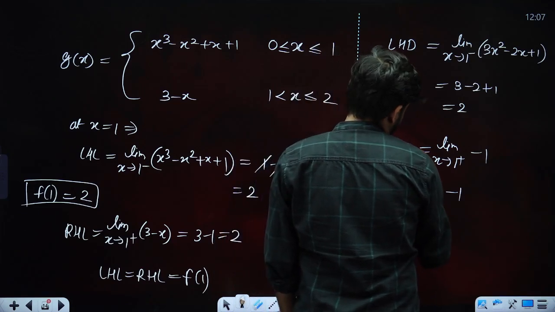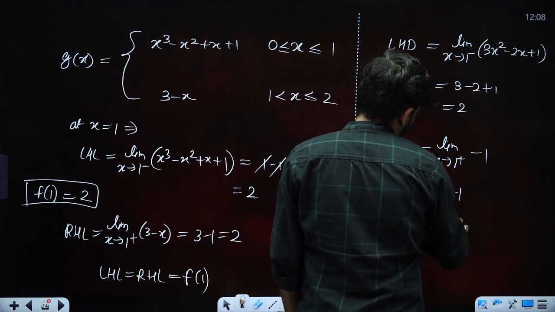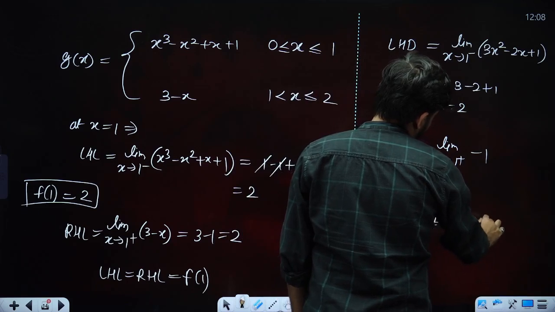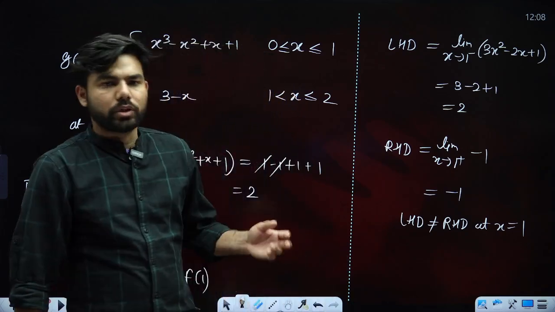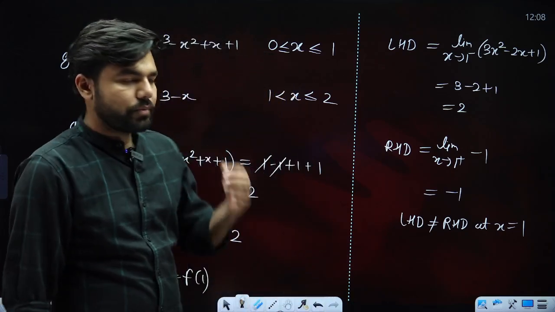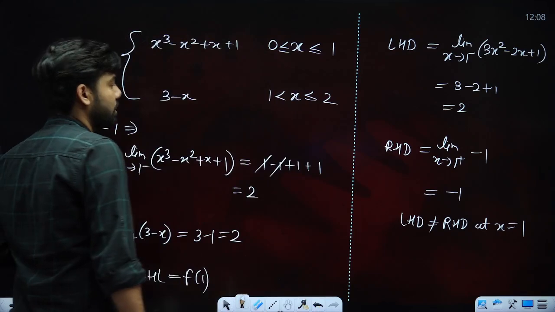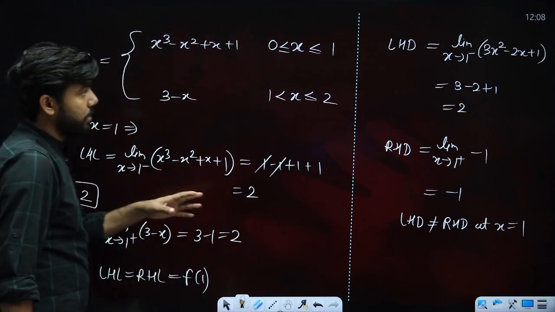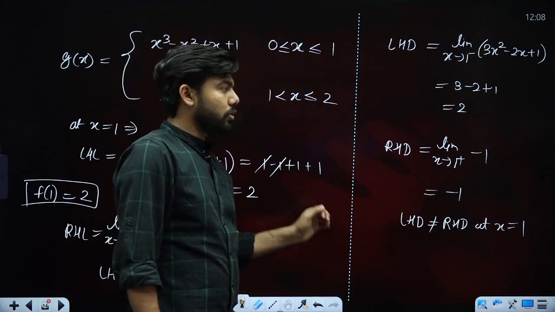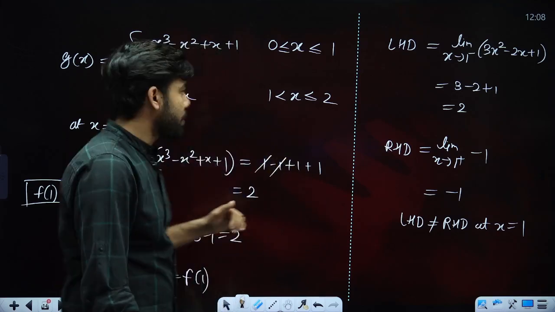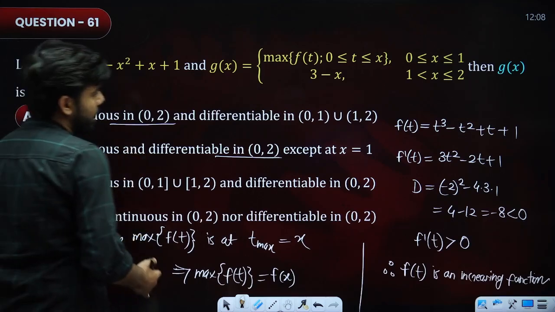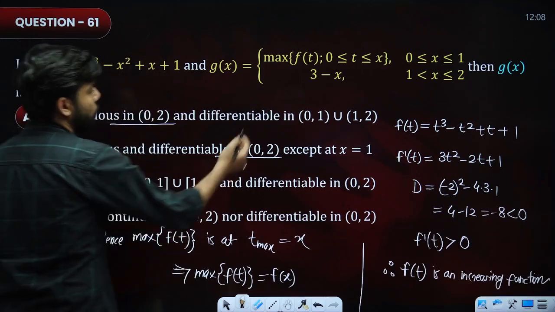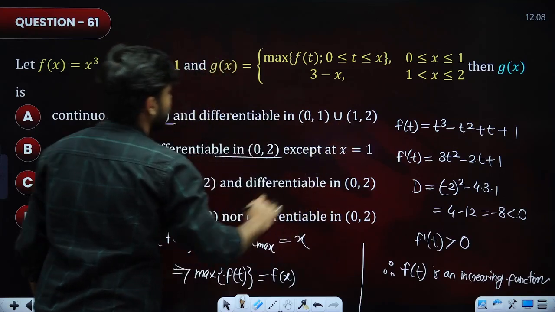So here we can say that the left hand derivative is not equal to the right hand derivative at x equals 1, and at other points it is differentiable, but not at x equals 1. So we can say that it is continuous on 0 to 2 and differentiable on 0 to 1 and 1 to 2, but not at 1.